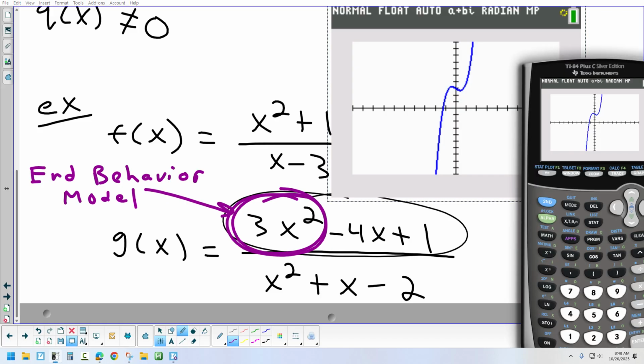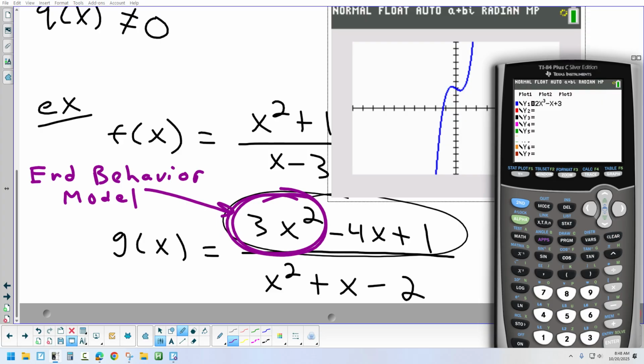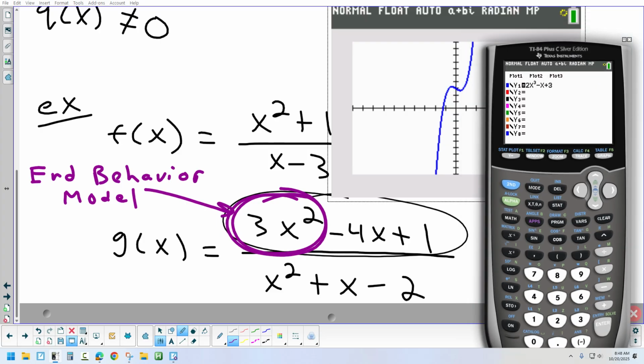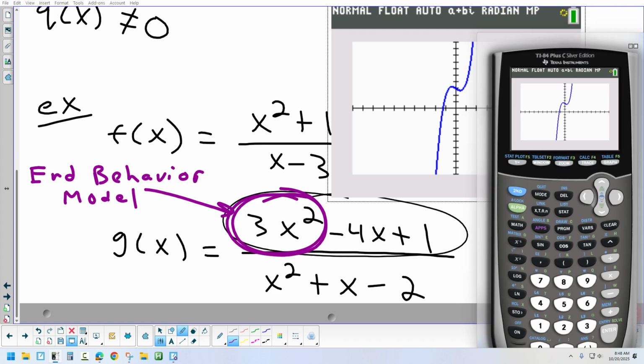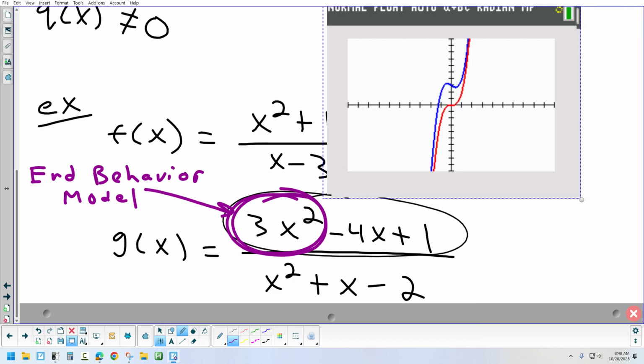Now, let me just graph the first term. Okay, let's forget about the minus x and the plus 3. Let's do 2x cubed. And let's see if this red one also goes down on the left and up on the right. What do you think? Does the red one match the overall shape of it? In that case? You think, right?